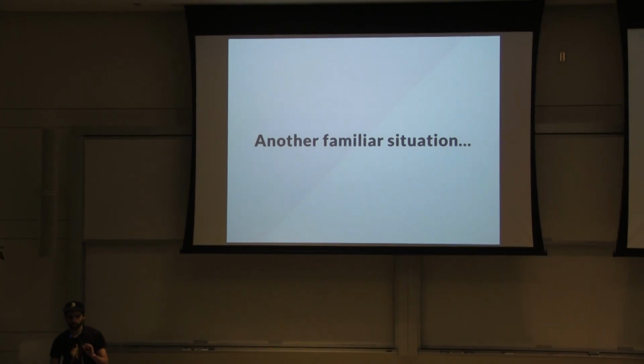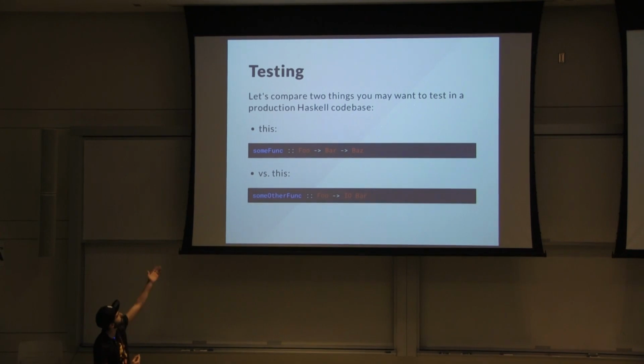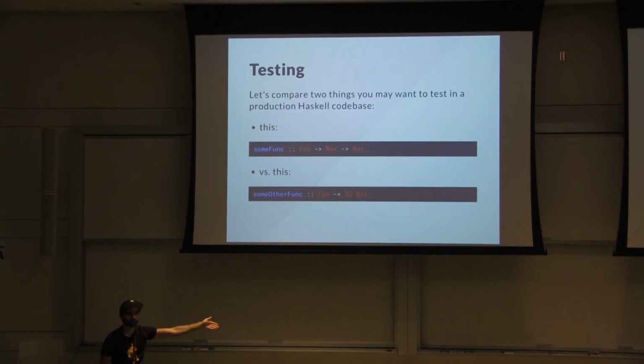But the stipulation here is that we have different types of functions in Haskell, ones that are pure, like the one above, sumfunc, which takes a Foo and a Bar and returns a Baz, or some other func, which takes a Foo, does some stuff, and eventually yields a Bar.